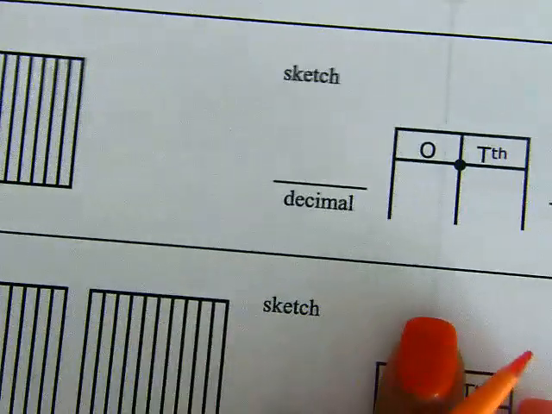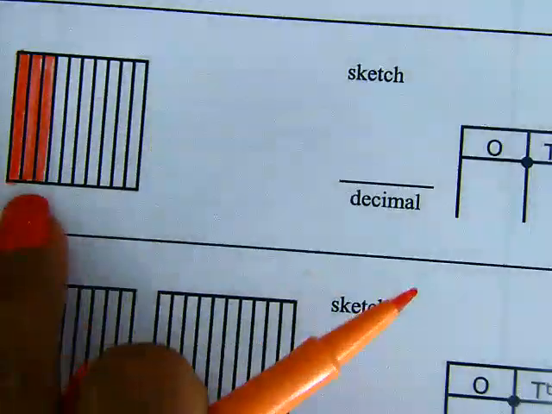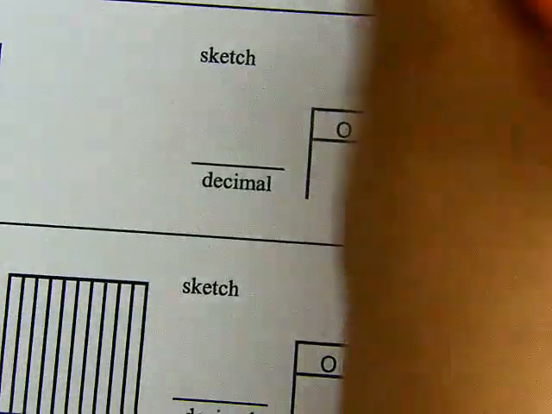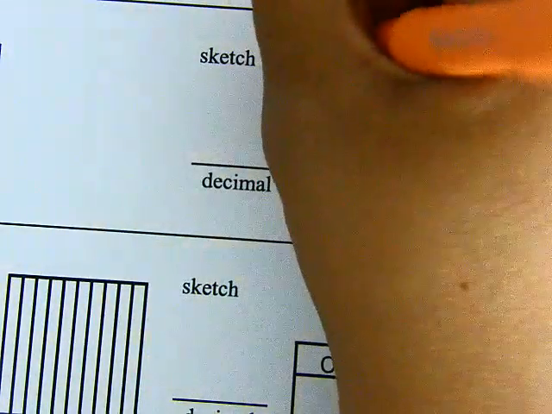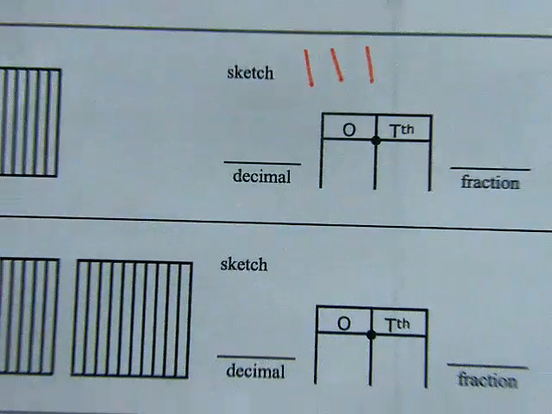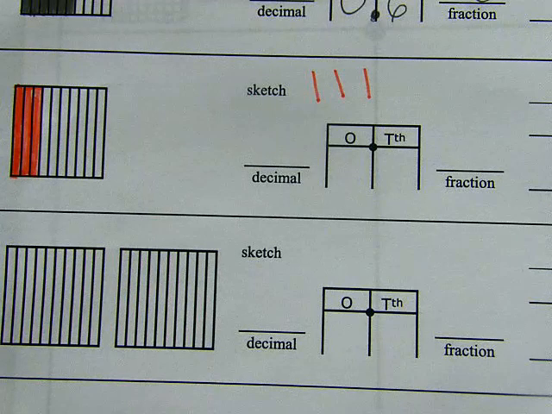If I need to sketch this, how many rods am I going to draw? Well, how many rods do I have shaded? I have 1, 2, 3. So that means I am going to draw my 3 rods. So here it is, 1, 2, 3. Those are my 3 rods. And I'm going to write this in a decimal. Remember, our decimal point separates our wholes and our decimals.